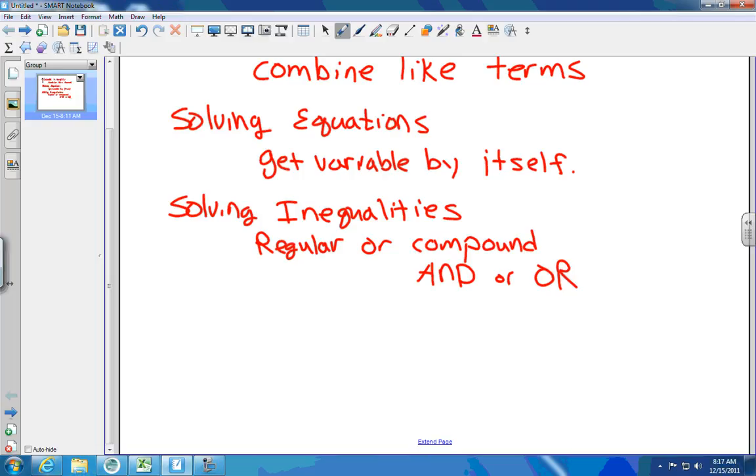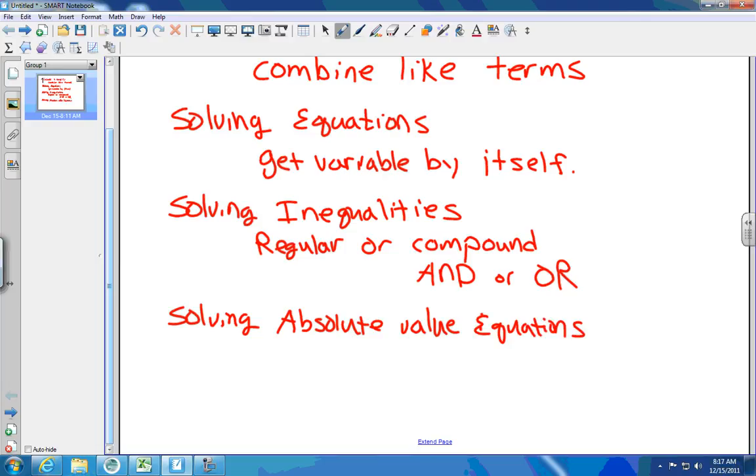Now that's where a lot of confusion comes in, because the next thing you have with these equations and inequalities is what? What was the next level that made it more difficult? Not graphing. Absolute value. And I'll combine this one. Solving absolute value equations and inequalities.